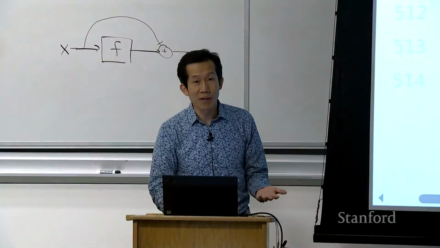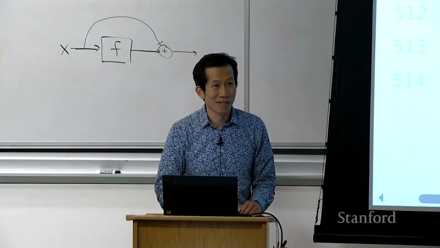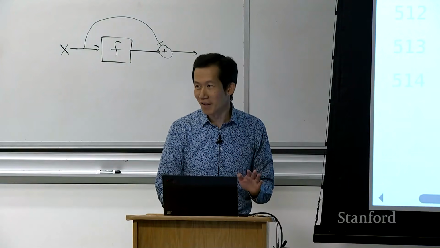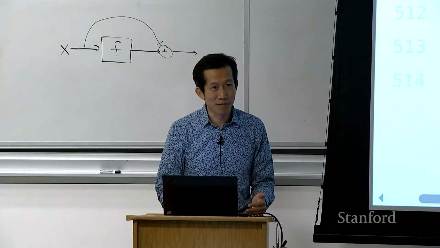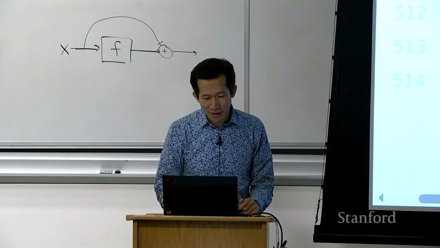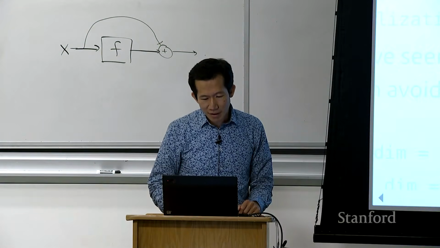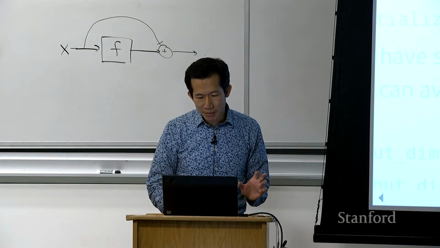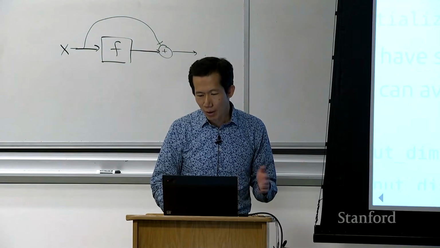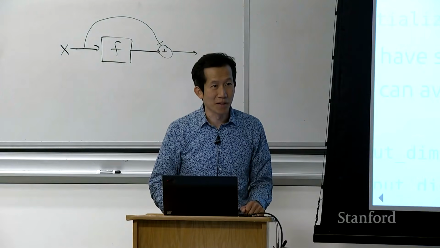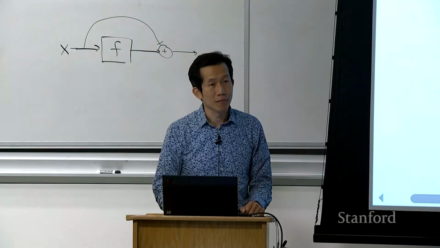The way you use layer norm is you just stick it in. Exactly how you stick it in does matter for transformers, but I don't have time to get through that. The idea is that layer norm keeps the magnitude of the activations away from 0 and away from infinity.